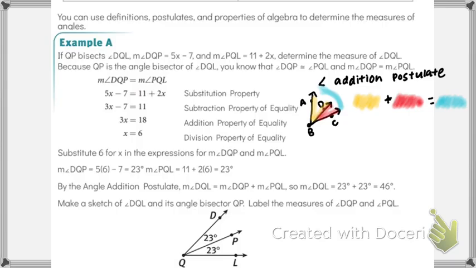So the yellow is the measure of angle ABD. The red is the measure of angle DBC. And then the blue is the measure of angle ABC. That right there is the angle addition postulate.